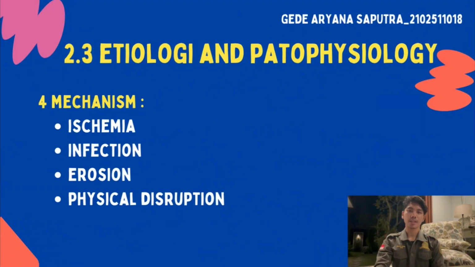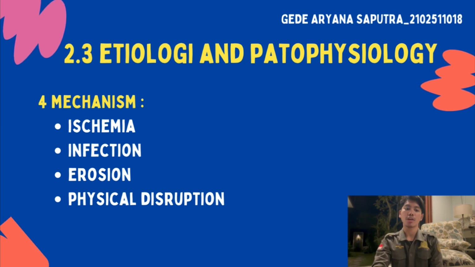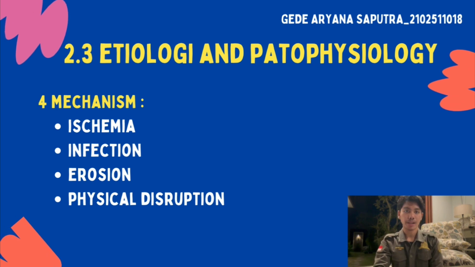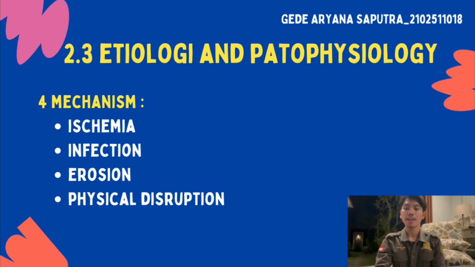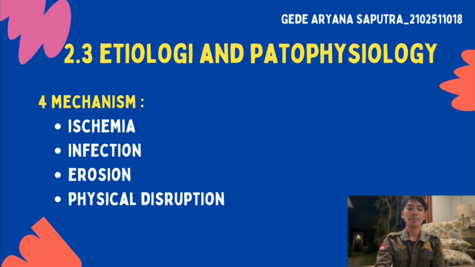My name is Gede Ariana Saputra with the last 3 digits of my student number being 018, and I would like to discuss with you guys about the etiology of intestinal perforation. So intestinal perforation can be led by 4 mechanisms. The first one is ischemia, then infection, erosion, and physical disruption. The necrotic nature of ischemia leads to the death of intestinal wall cells causing perforations, where ischemia may happen by 2 means.